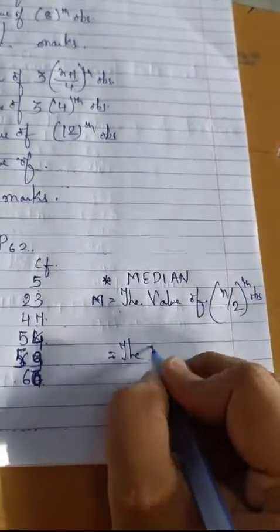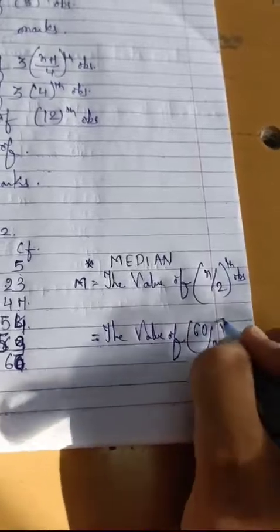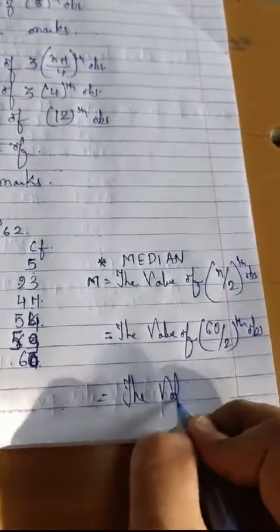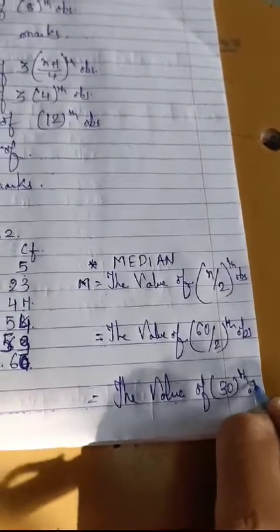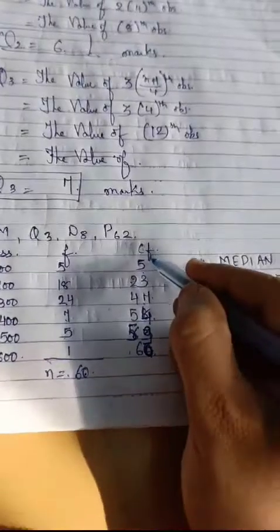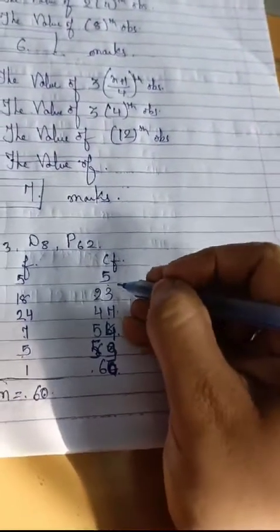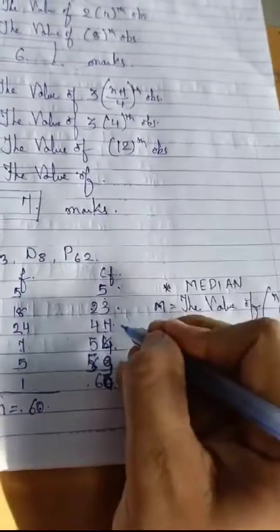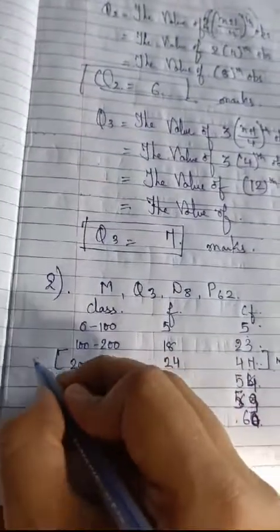So the value of 60 divided by 2 observation, what is 60 divided by 2? The 30th observation. That we have to see in CF. Where does 30 lie? 30 cannot lie in 5. 30 cannot lie in 23. 30 will be lying in 47. So this whole class is our median class.